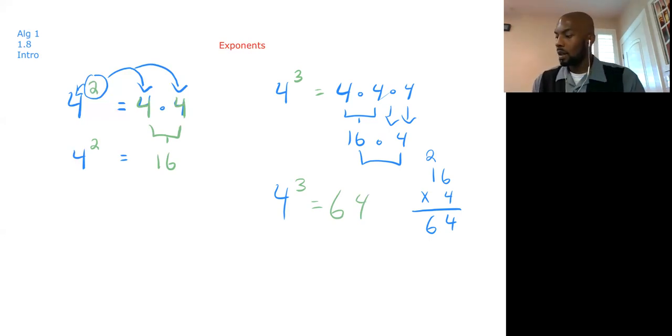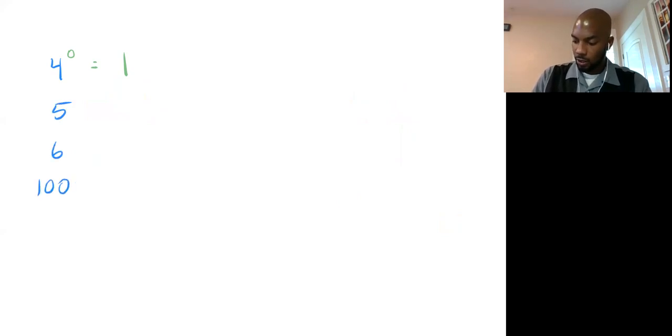Okay? Now let's talk about special rules. Special rule number 1. A number, any number, to the 0th power comes out 1. So 4 to the 0 is 1. 5, 6, 100, 3,000, negative 4,000, or negative 470.